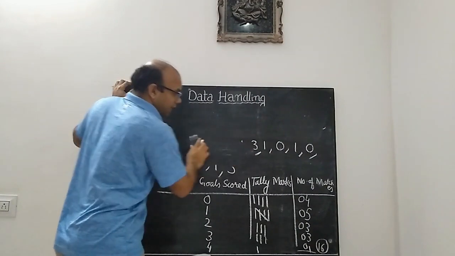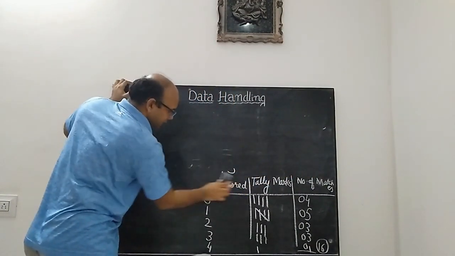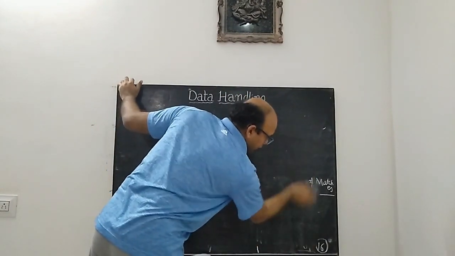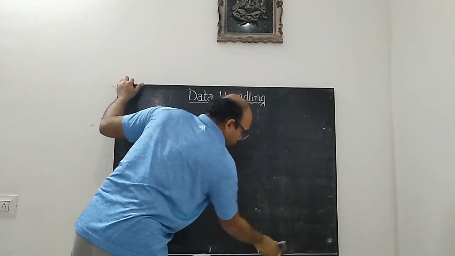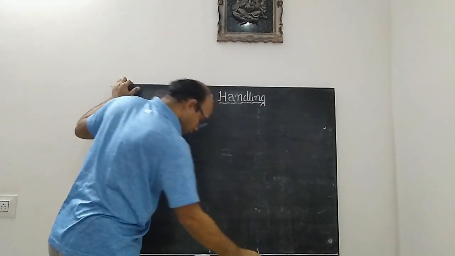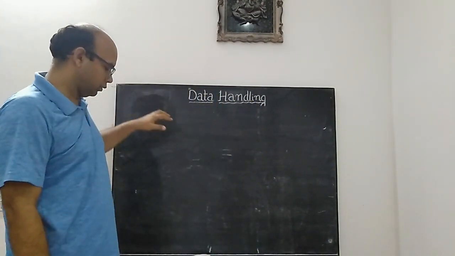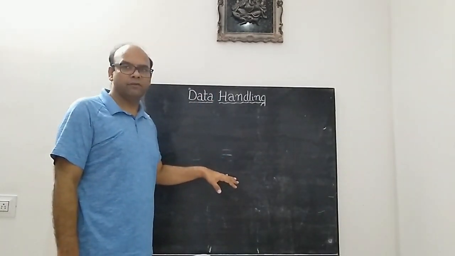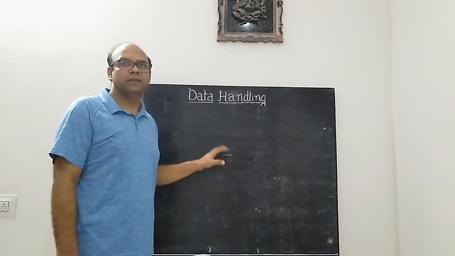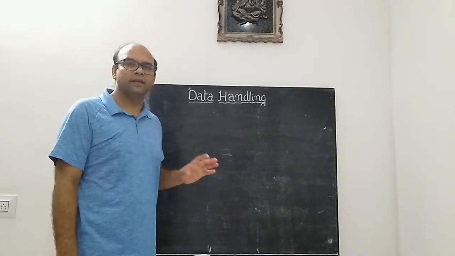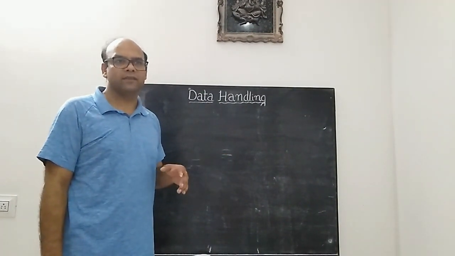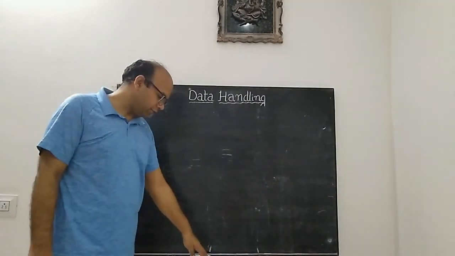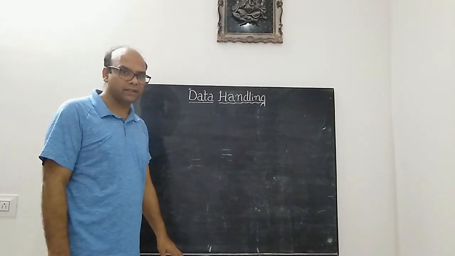Now, once we have organized the data, we ought to represent the whole of the data with the help of a single value. That single value is a central value, and this is also a measure of central tendency. We have various measures of central tendency.